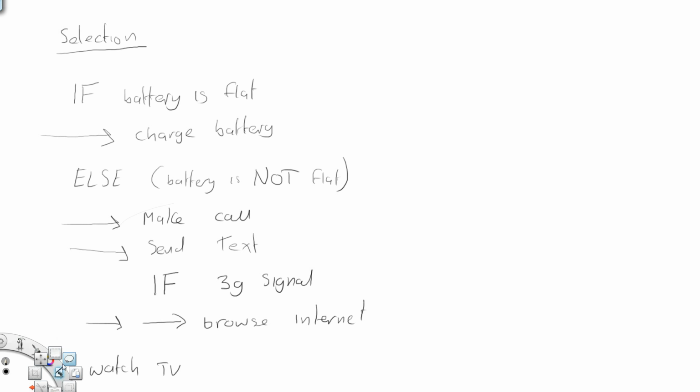Now that was an if statement. Another option for selection is to use a select, and we will select a particular case. So we'll say select case. The cases will be different scenarios if you like.